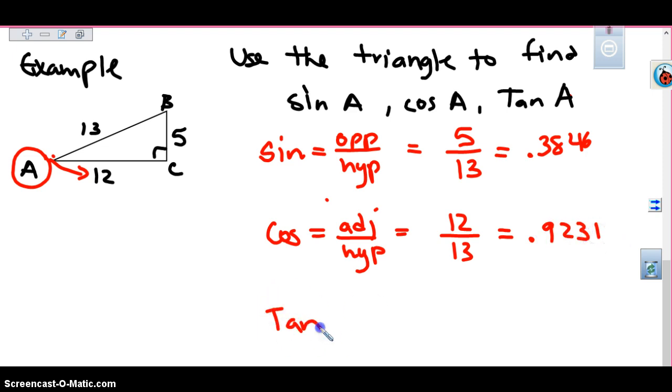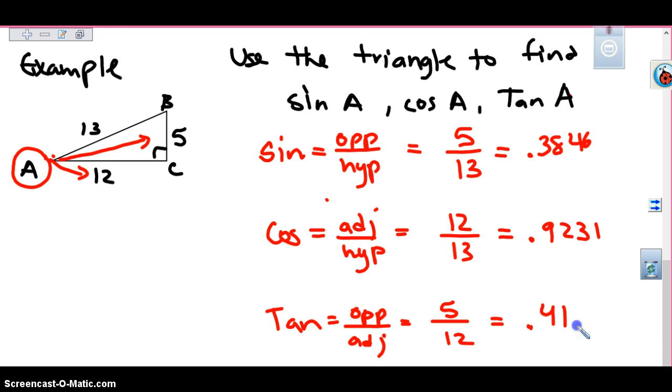The tangent is equal to the opposite over the adjacent. Now the opposite again is 5, and the adjacent side is 12. We can leave this as a fraction or change it to a decimal, which is 0.41 repeating 6.